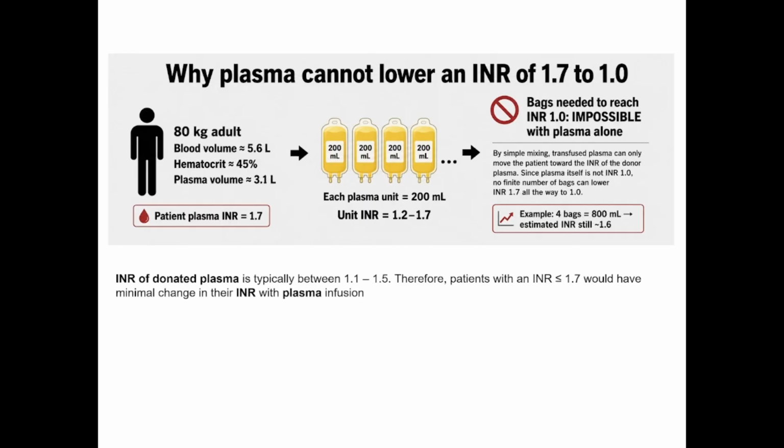So you can see it's impossible to reach an INR of 1 with plasma alone. Donated plasma is typically between 1.1 and 1.5. Even if you were to replace the patient's entire plasma with plasma off the shelf, it would still be 1.5. So I just wanted to leave that there.